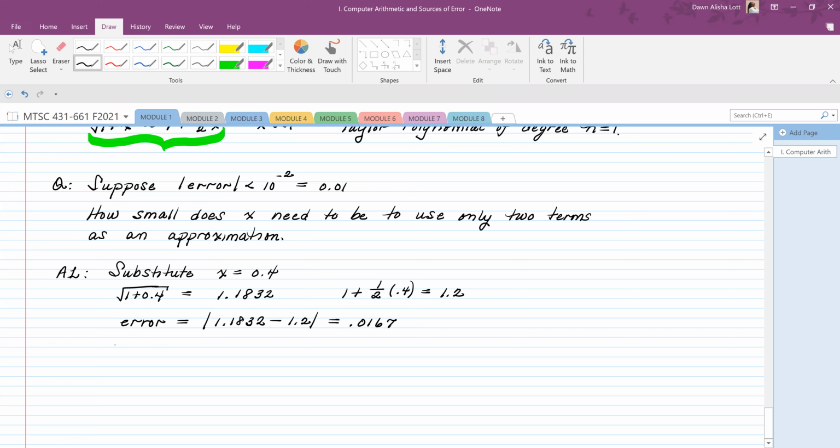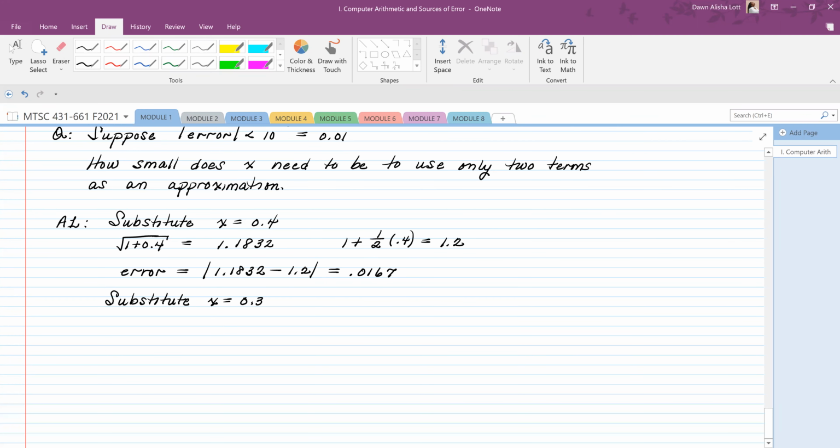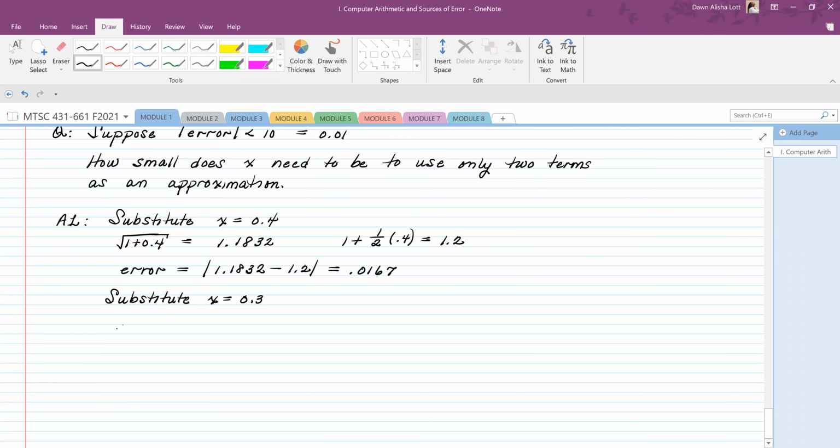Okay, so let's substitute x equal to 0.3, because now I'm going to go smaller, since the first one didn't work. So now I get the square root of 1 plus 0.3, which is 1.140175, some other numbers.